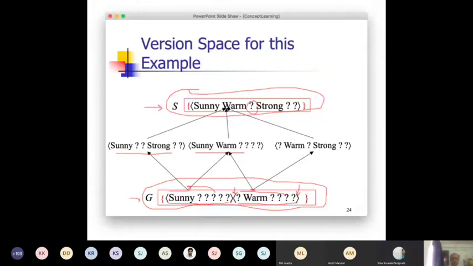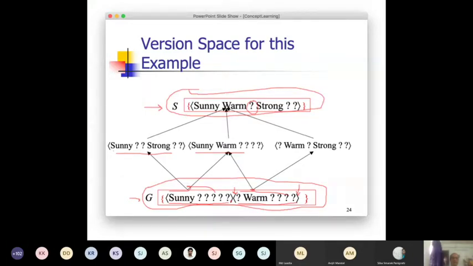Sir, one more thing. In the set G, ?, ?, ?, Strong, ?, ? — should that hypothesis not be in G also? Which one? We'll come to that. You are saying a hypothesis with the first three as question marks, Strong, and two question marks.